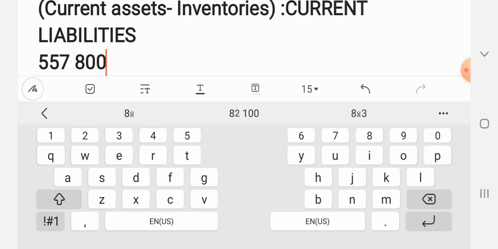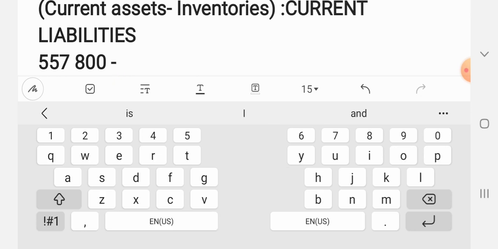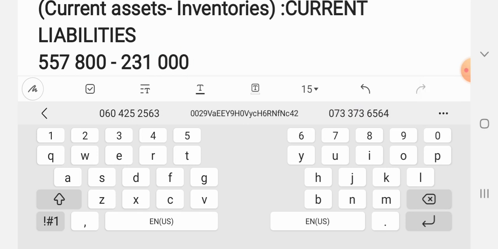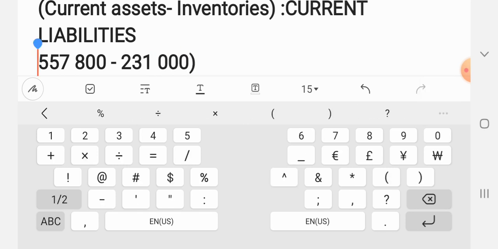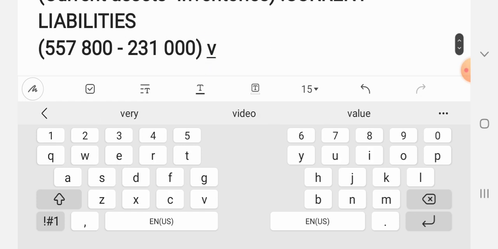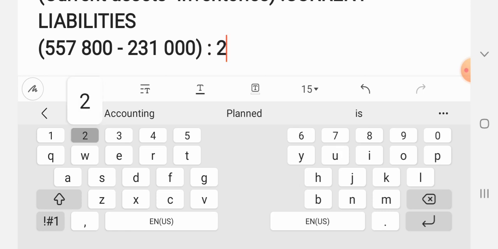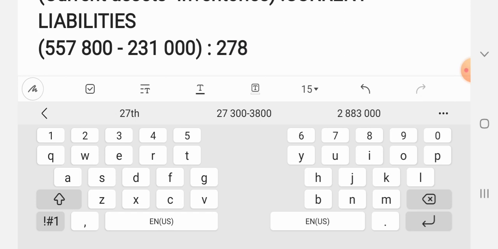Then you're going to take your 557,800, and then subtract 231,000 rand. So put that inside your brackets and say this is to current liabilities, which is 278,900 rand.